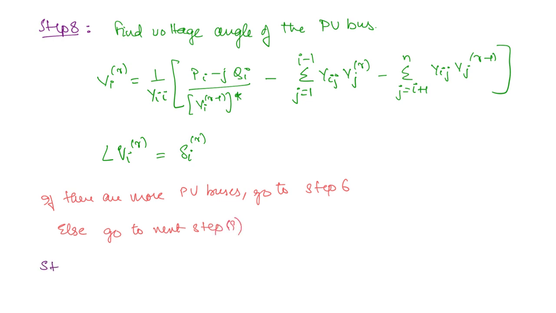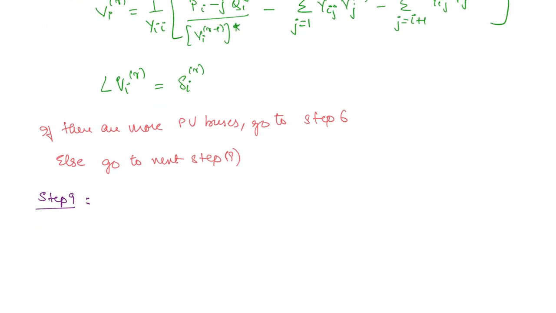But if all of them are complete, then go to the next step, which is 9 in this case. Now what happens in the 9th step? Till now you have found the voltage values for all the PQ buses and the reactive power and voltage angle for the PV buses. Now you have found that for all of the buses, so one iteration, the first iteration, is complete.